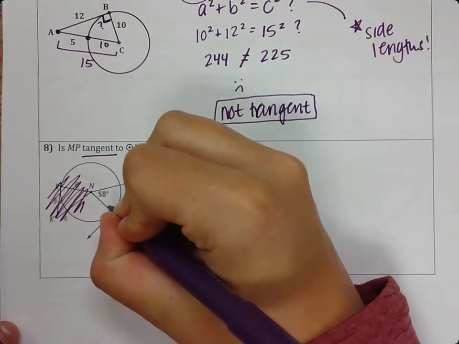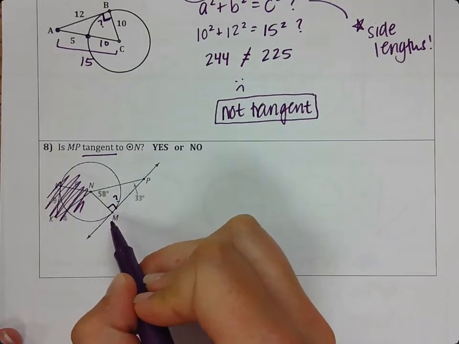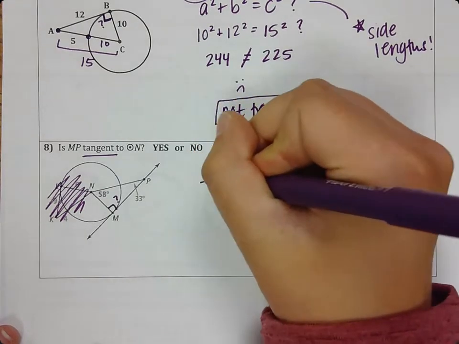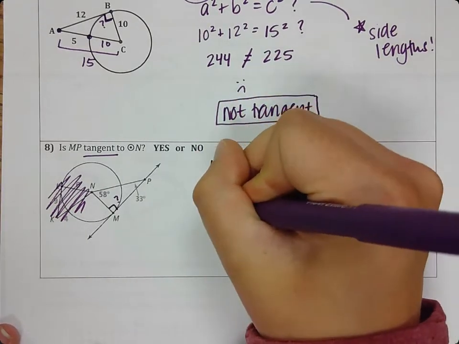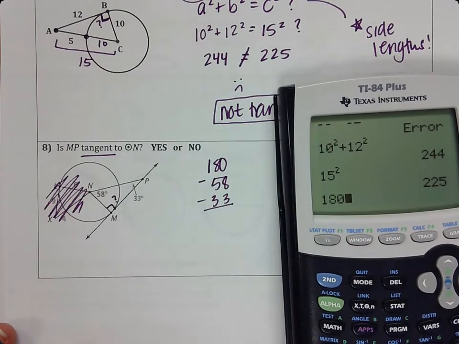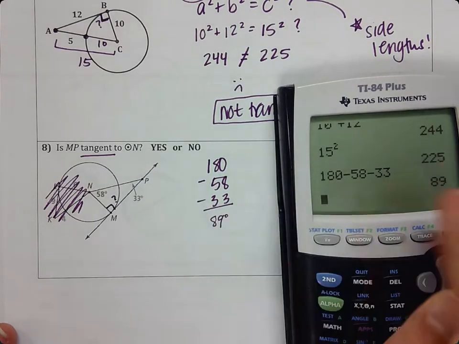Well, if we're checking to see whether or not this is a right angle, we want to check to see if that's 90 degrees. So the way I can do that is I'm going to take 180 and subtract the two values given to me in my problem. 180 minus 58 minus 33, and I get that this equals 89 degrees.